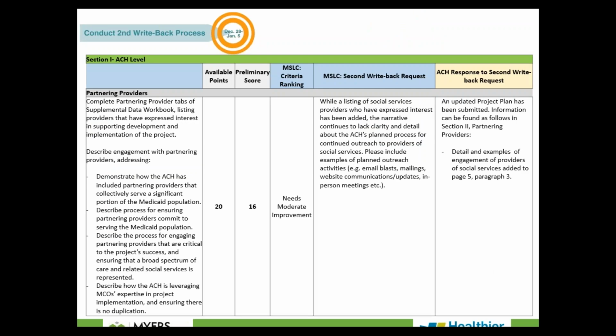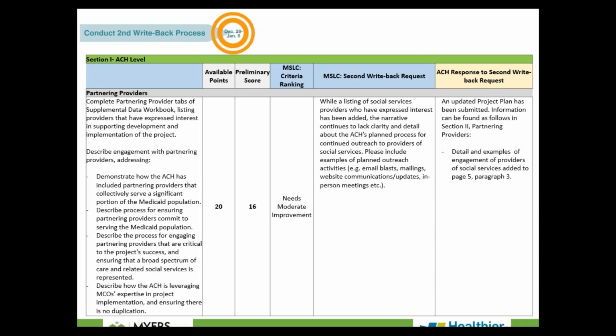So again, this is taking the example of our partner provider response. You'll see here that the score has been bumped up to a needs moderate improvement, which maps to 16 points or 80% of the total available points.